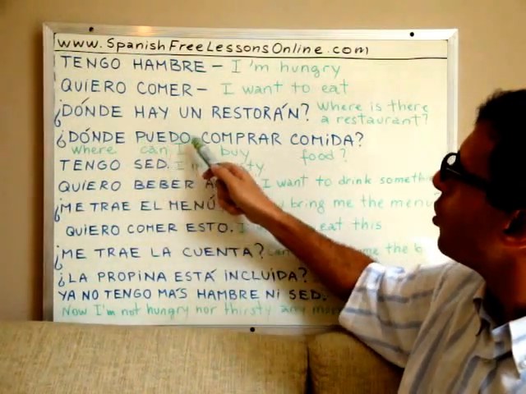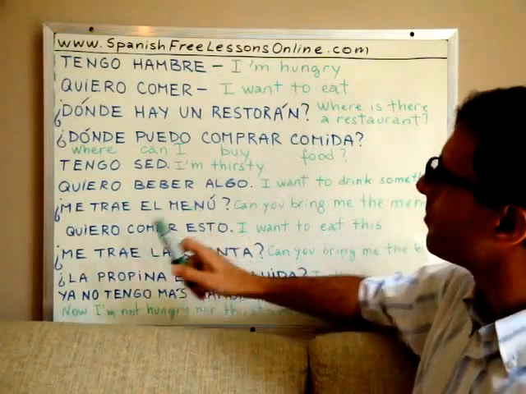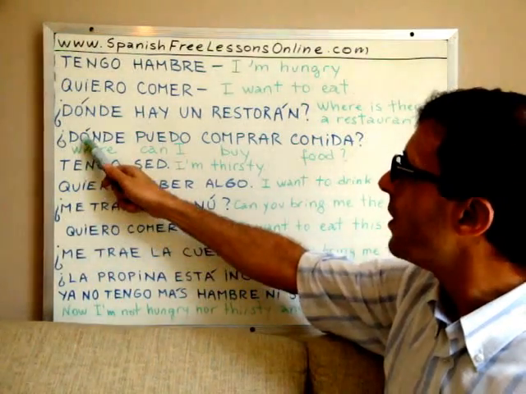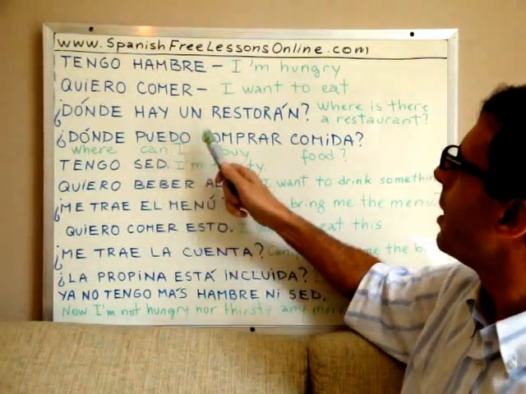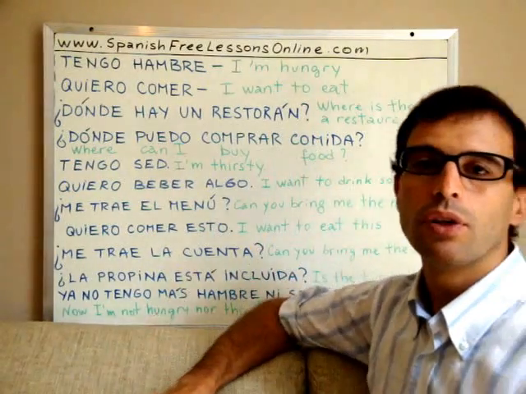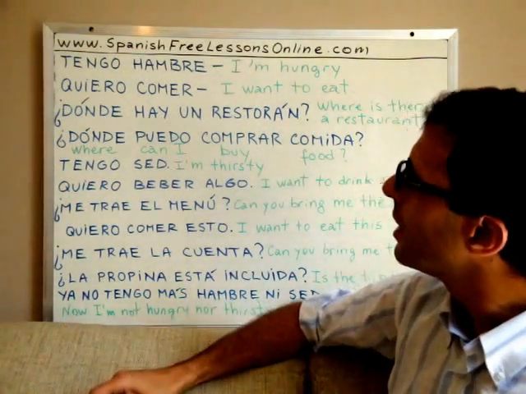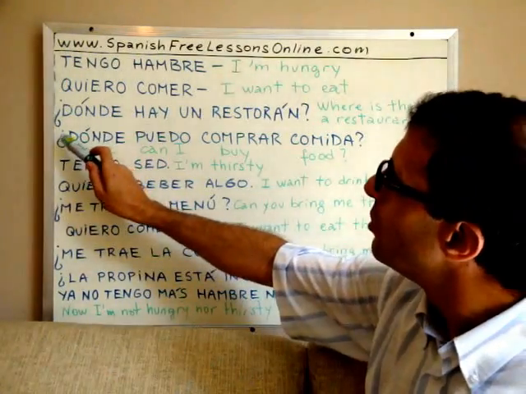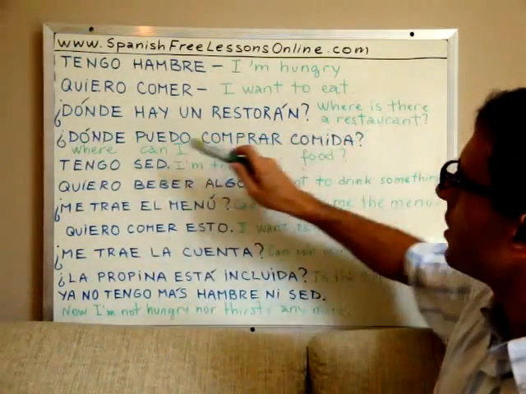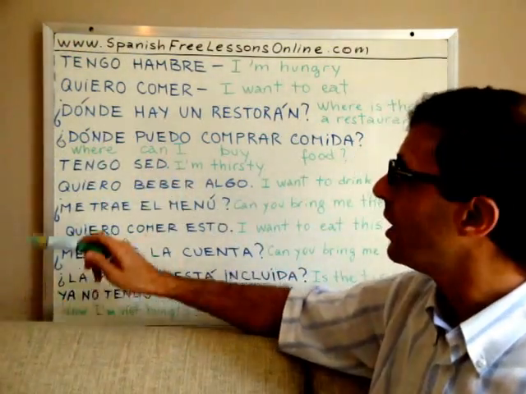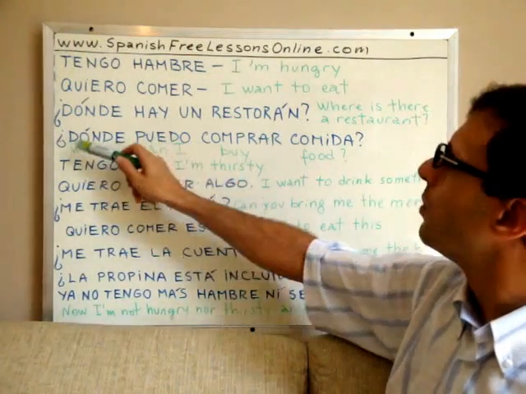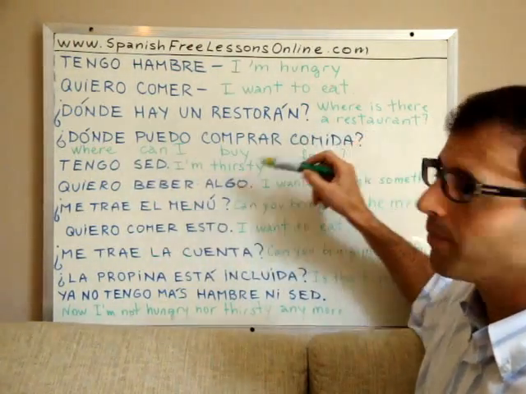¿Dónde puedo comprar comida? Means, where can I buy food? Where can I buy food? Now look at this. If we remove the question marks here, we will say, donde puedo comprar comida. Right?